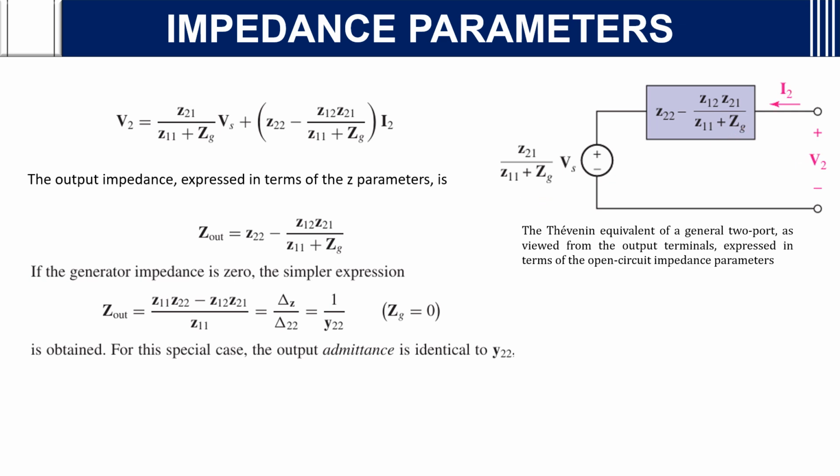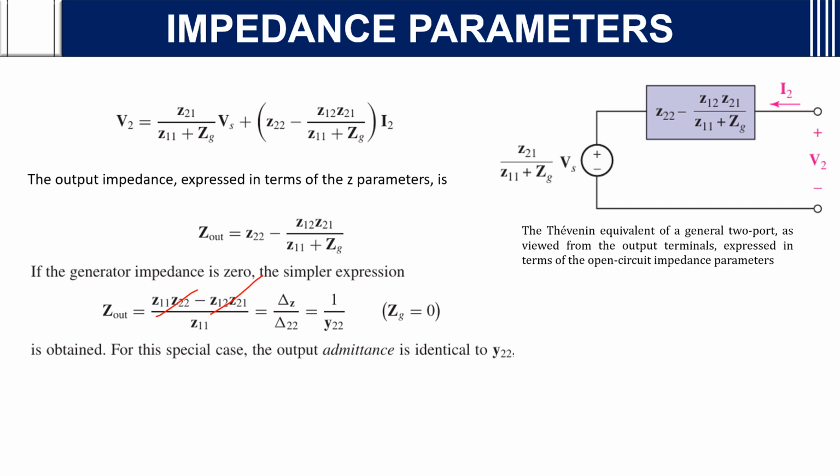Then the output impedance expressed in terms of Z parameters. Z out is equals to what? This is the Z out. Z22 minus Z12 Z21 by Z11 plus ZG. ZG here is nothing but generator impedance, which we will take as 0. If you take that ZG as 0, then you will get Z22 minus Z12 Z21 by Z11.